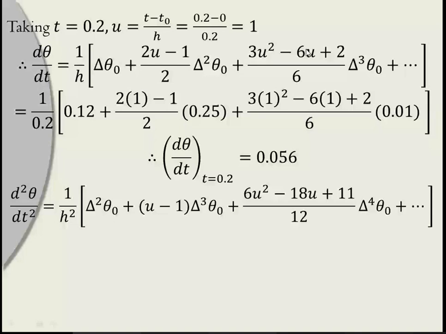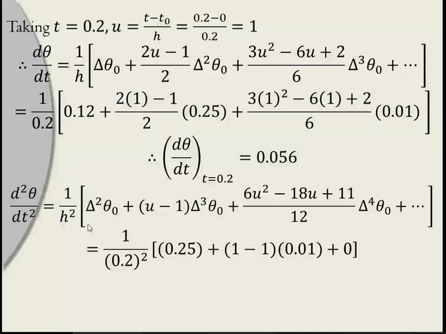Now substitute the values of delta square, delta cube, delta raised to 4, and u as 1 into this second order derivative and do the calculation. It comes out to be 0.125.